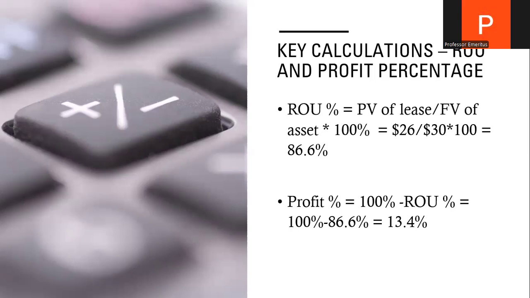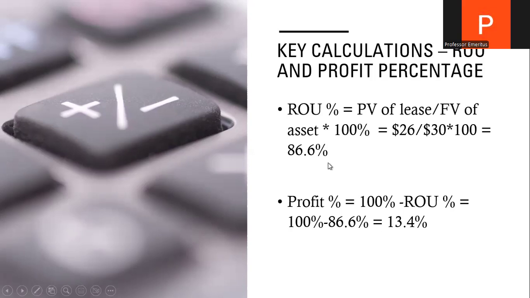So if you've established the present value of the lease and the fair value of the asset, you can use them to calculate the right of use percentage. The PV of the lease is 26 million and the fair value of the asset is 30. If you take a percentage of that, that gives you 86.6%.